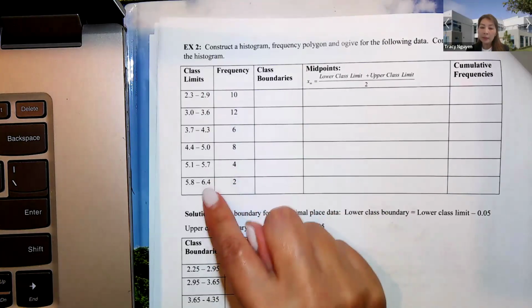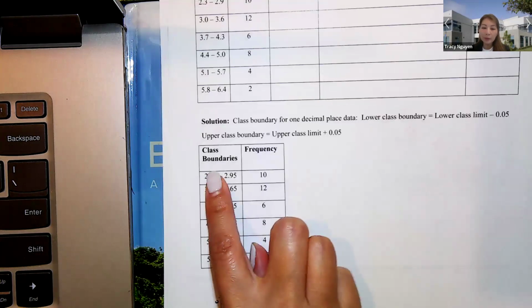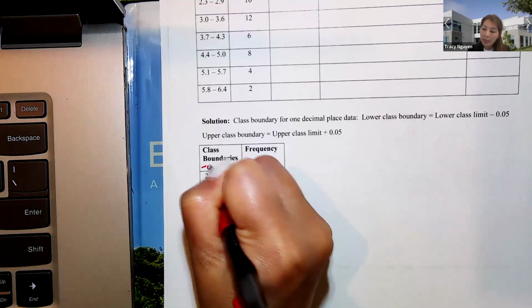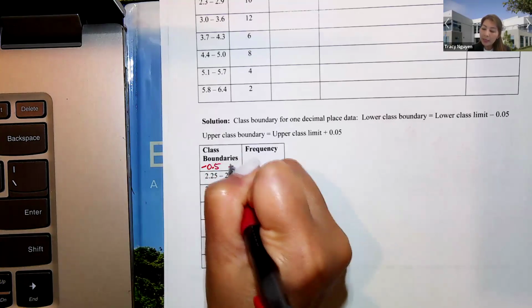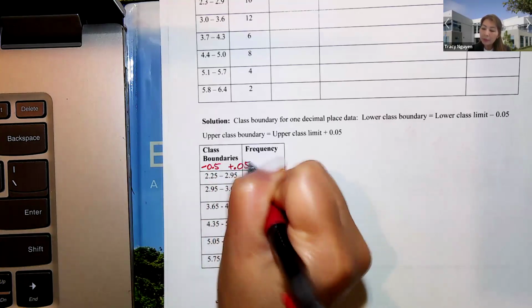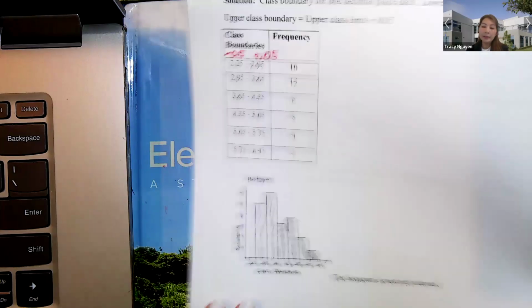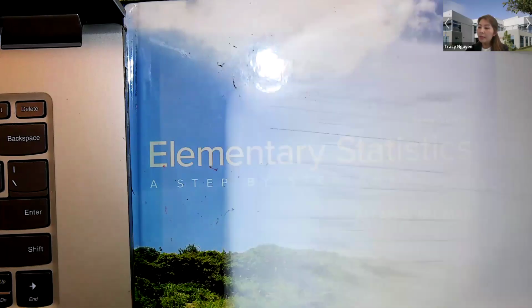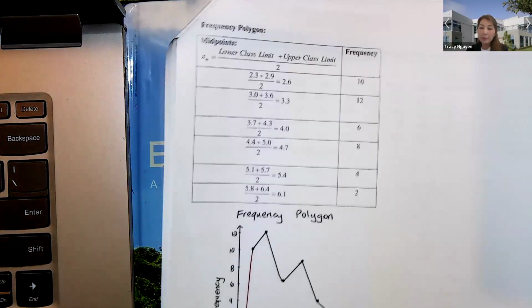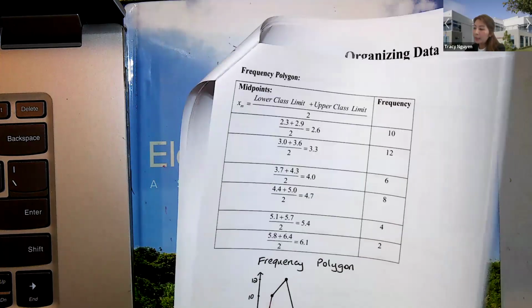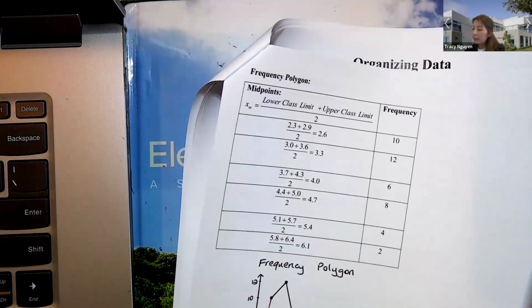And in terms of 1 decimal place data, you already know how to do the class boundaries. From our previous lesson, we know that for 1 decimal place data, we're going to do the class boundaries by 0.05. All right, and here is what we have for histogram. Here's what we have for frequency polygon, and notice it's closed. And the last one we have is an ogive.